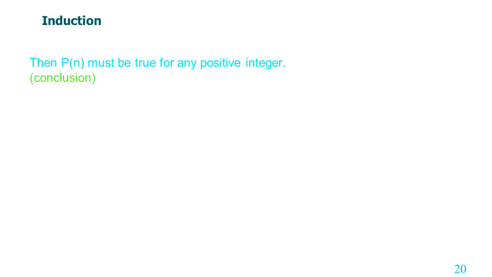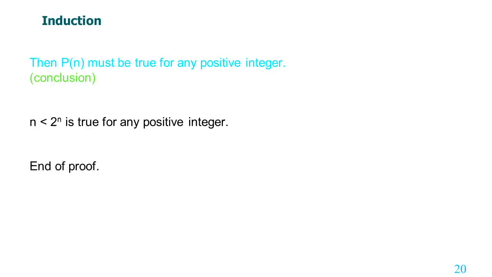Then the conclusion: P(n) must be true for any positive integer. n is less than 2 to the power n is true for any positive integer. End of the proof. In this way the induction method is used for theorems.